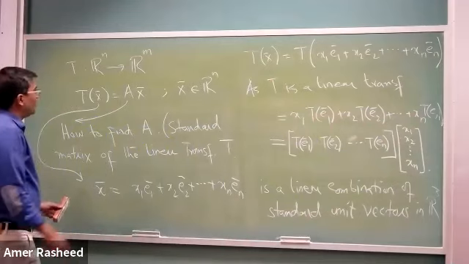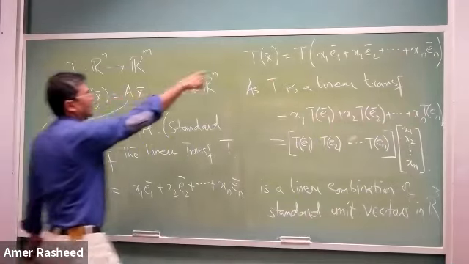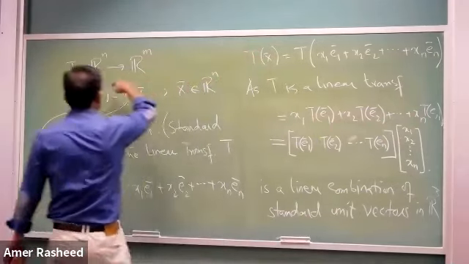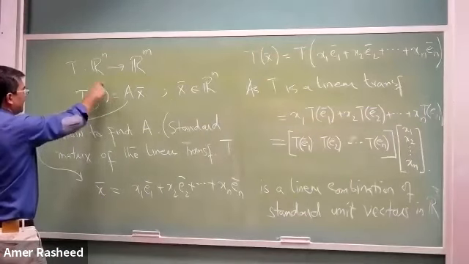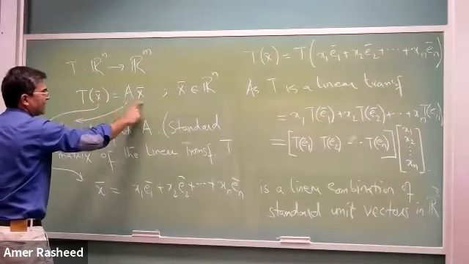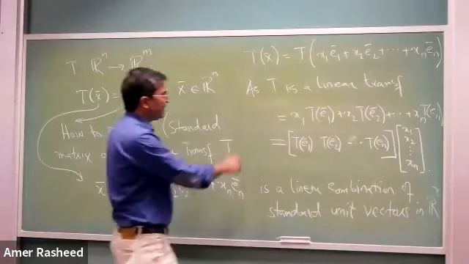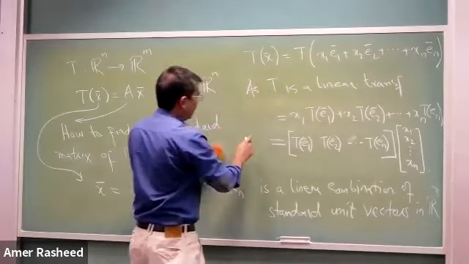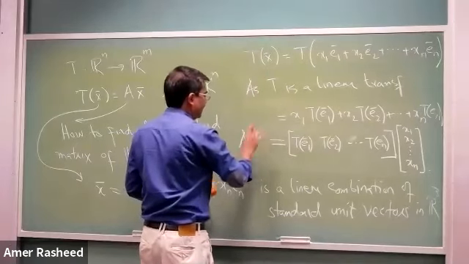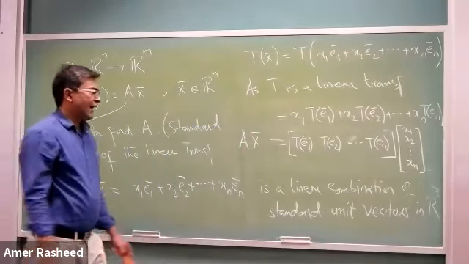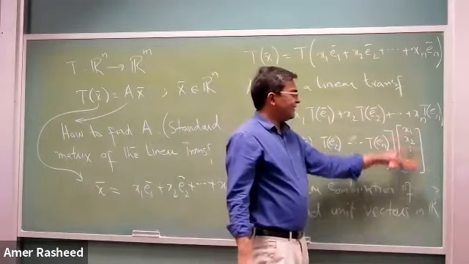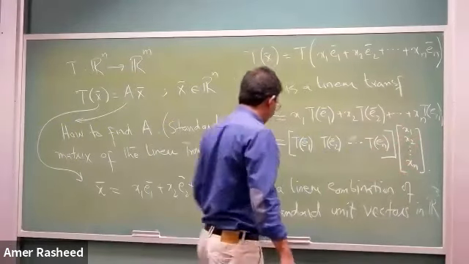So now, this is T of x. Now this T of x is equal to A times x. It means this T of x is A times x. And here, this is x.